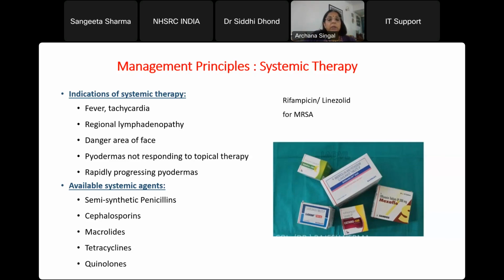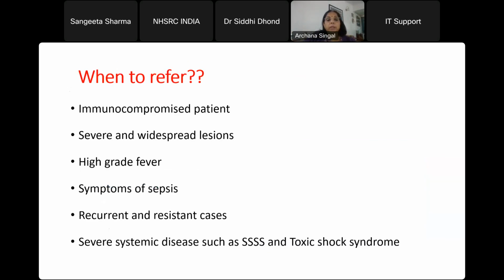And what are the available systemic agents? They are the penicillins, cephalosporins, macrolides, tetracyclines, and quinolones. And if there is MRSA, or methicillin resistance, linezolid and vancomycin. Next, please. And we also have to look for MRSA carriage.